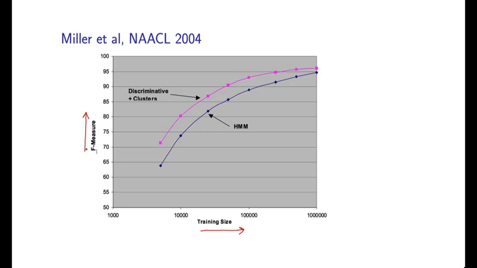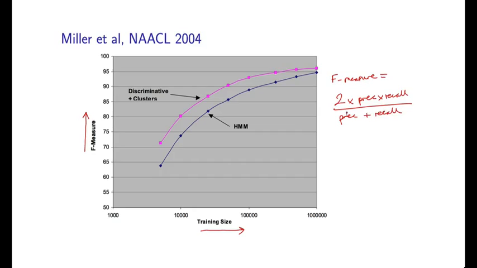So this measure is actually a combination of precision and recall. The F measure is equal to 2 times the precision times the recall over the precision plus the recall.